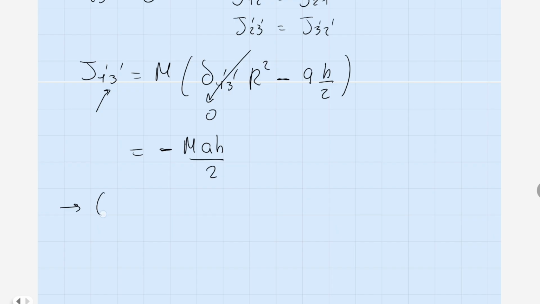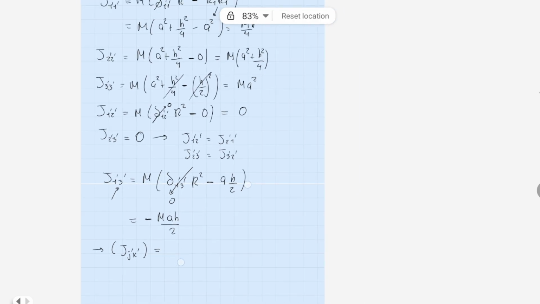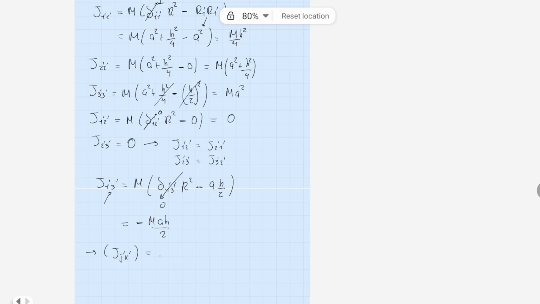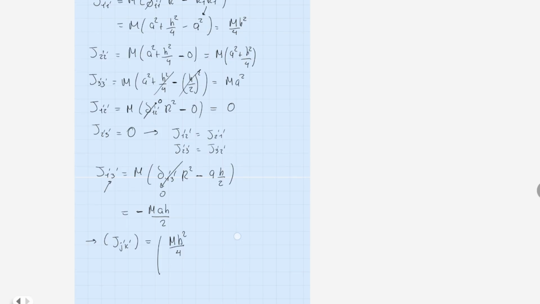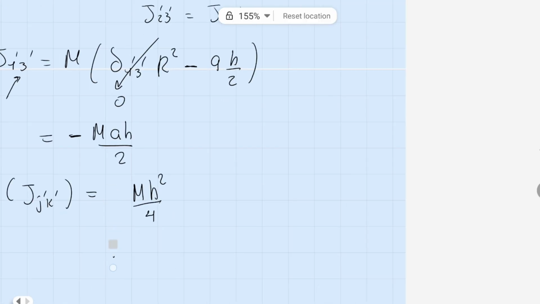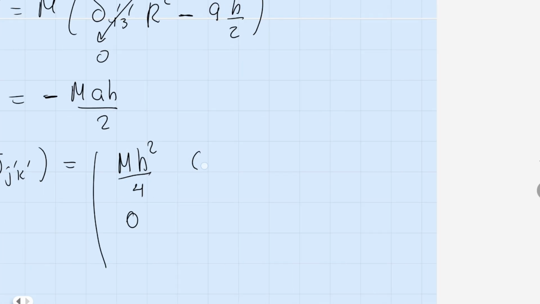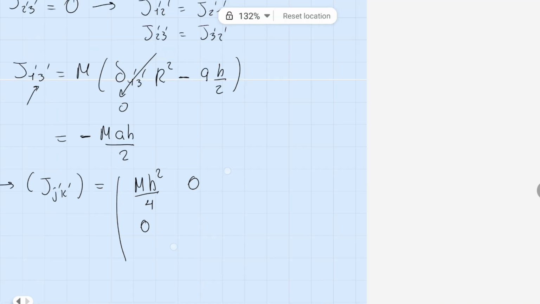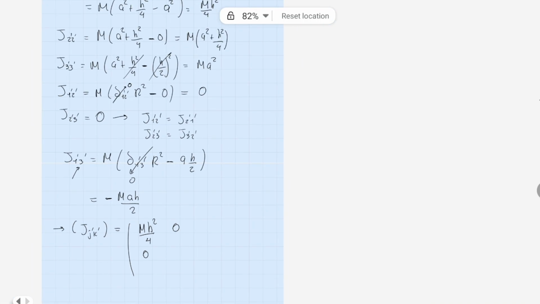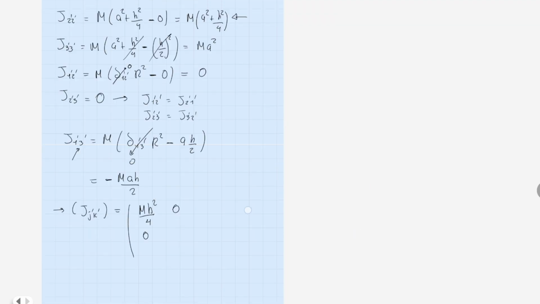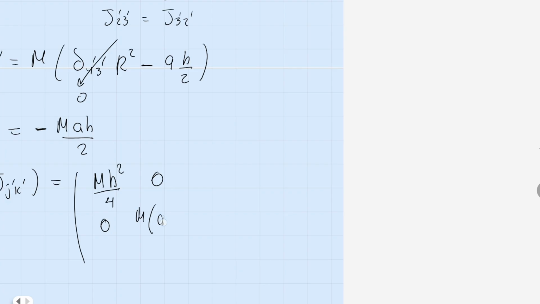So what we need to do now is to put every component in a matrix, which is going to give us that the matrix J_jk can be represented as, well, the first component was m h squared divided by 4. So m h squared divided by 4 here. Remember that the components that involve the number 2, the second row or the second column, are 0. So this is 0, this is 0. And the J22 component was m times a squared plus h squared divided by 4. So here we have m times a squared plus h squared divided by 4.